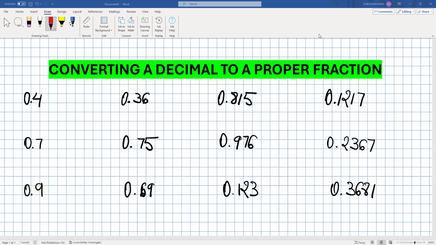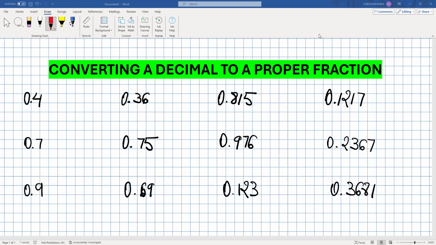My goal at the end of this session is for you to be able to understand how to convert a decimal to a proper fraction. So what do we call a proper fraction? A proper fraction is a fraction where the top number, that's why you call it a numerator, is less than the denominator.